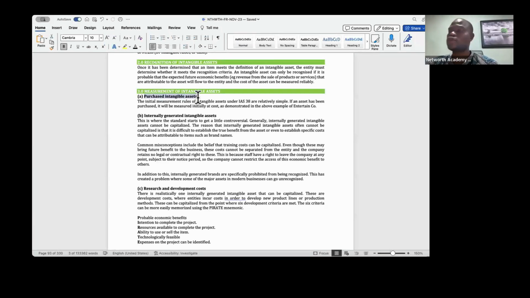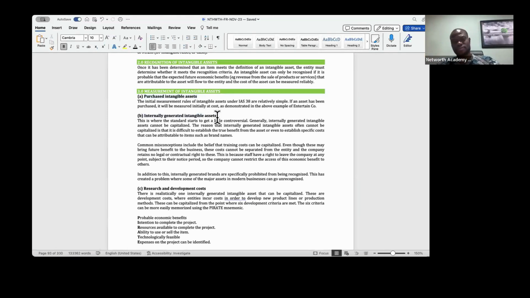Then there are some that you don't buy. You develop them yourself, like your brand name, your goodwill, your trade secrets, maybe customer lists, maybe a software that you built yourself. Maybe there's something they call a masthead for all these newspapers that are so popular. Those are not purchased. They are internally generated.